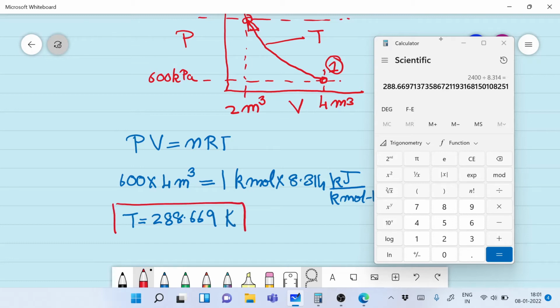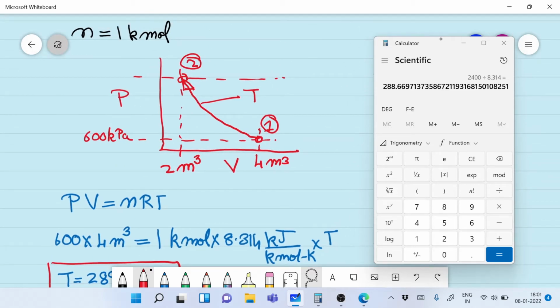Now that's our initial temperature, and this is the temperature throughout the process, that is 288.669 Kelvin.